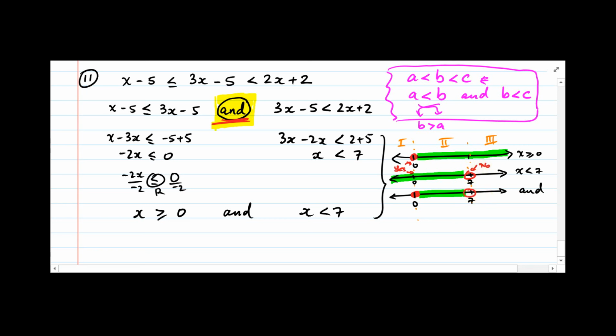It's not present in 1, so it can't be present in the final solution. So we have a half open interval, and our final solution set would be the set of x's such that, written in the order that it appears on the number line, 0 is less than or equal to x is less than 7.